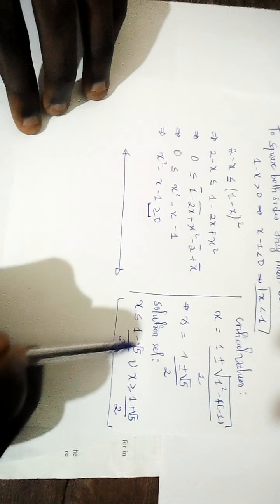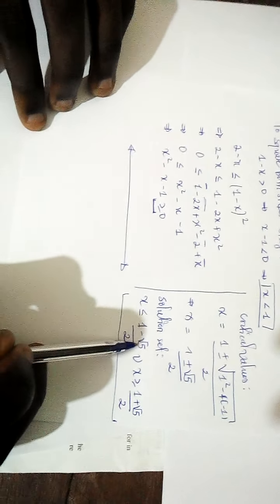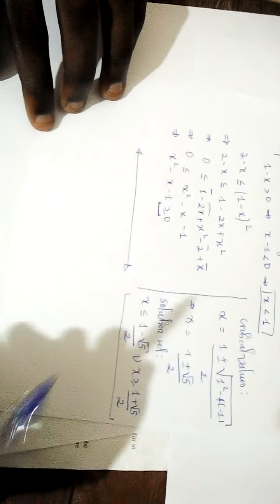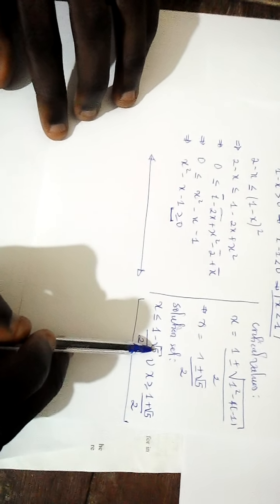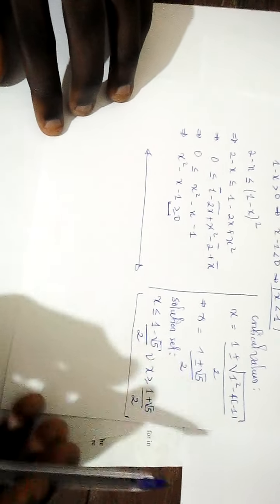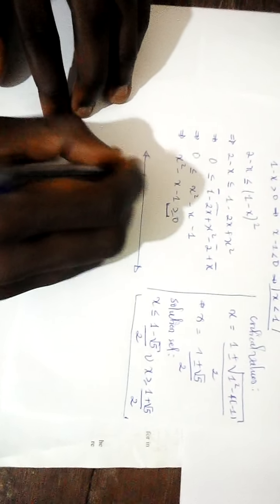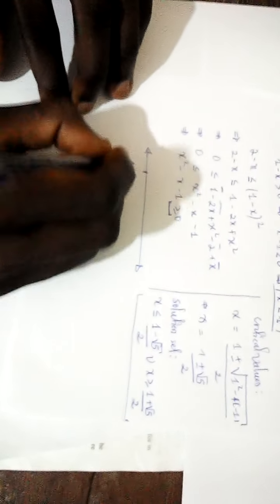Okay, root 5 is approximately equal to 2.25. In subsequent videos, I'm going to show you how to find the square root of numbers without using a calculator. So 1 minus root 5 is approximately negative 1 point something divided by 2 is going to be negative. So it means that here you have 1 minus root 5 on 2.